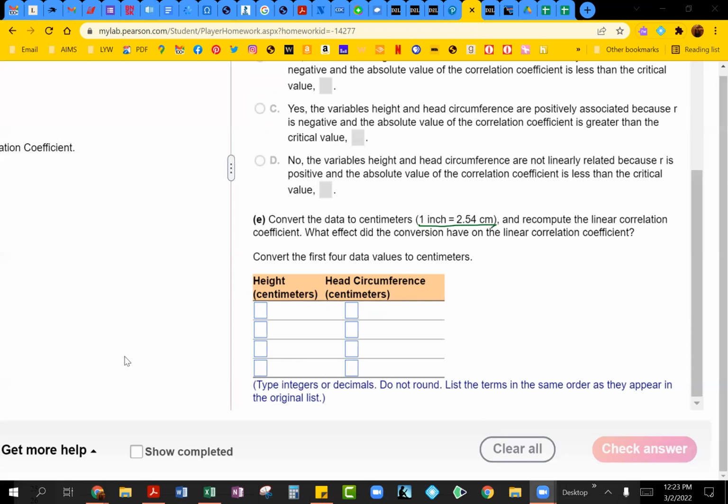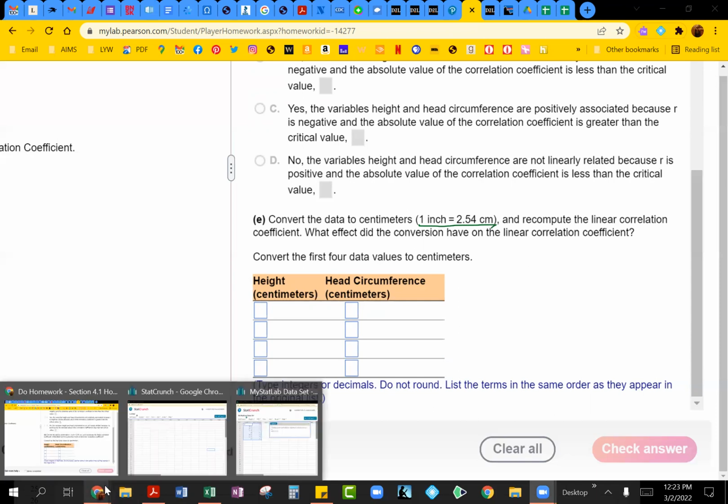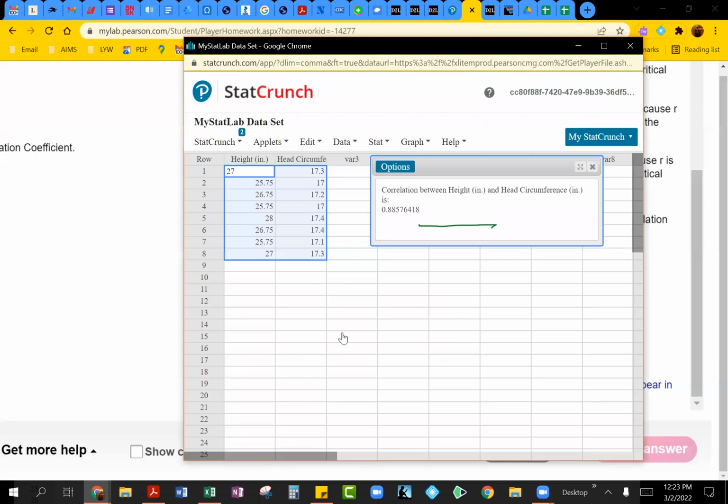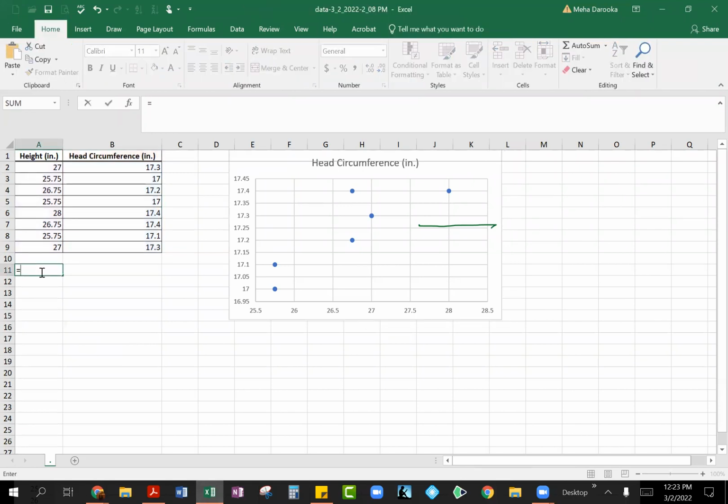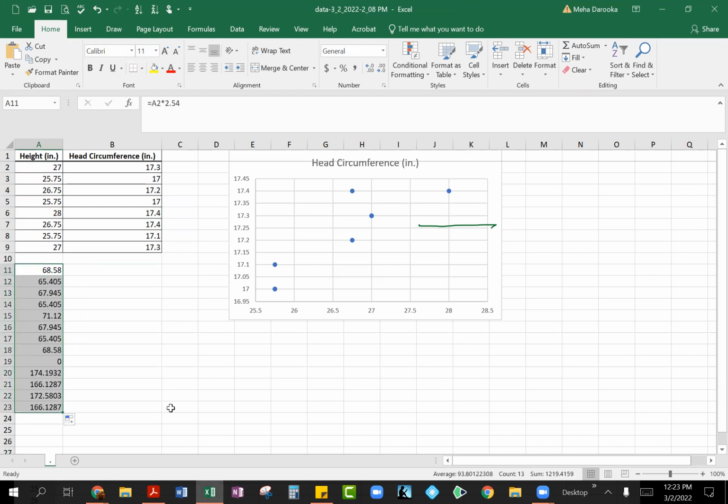In this case, you can use, again, StatCrunch or Excel. Where's my Excel? To come up with these, basically what I did was click on the cell and multiply it by 2.54, and then I did that for all of these.